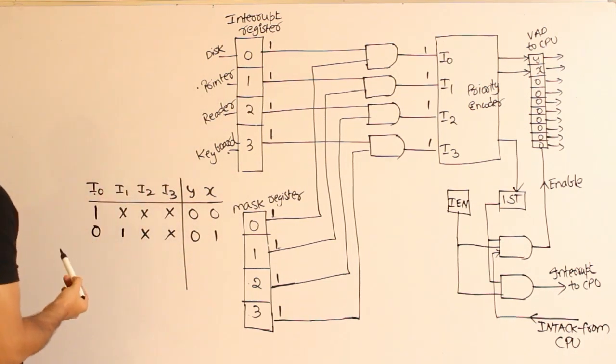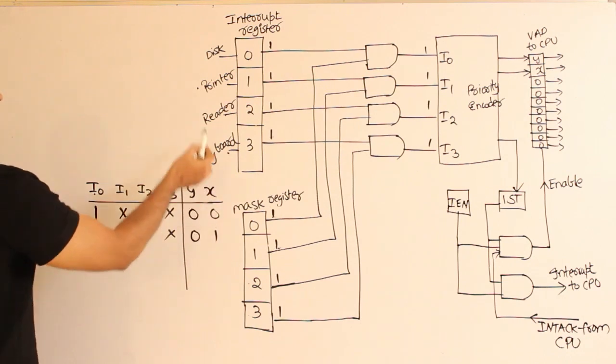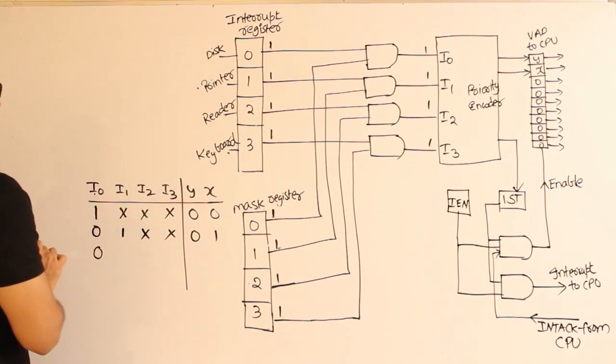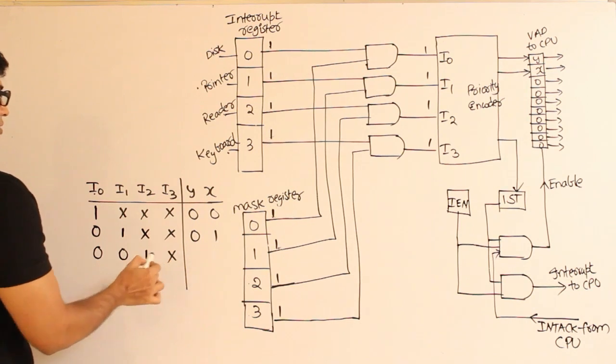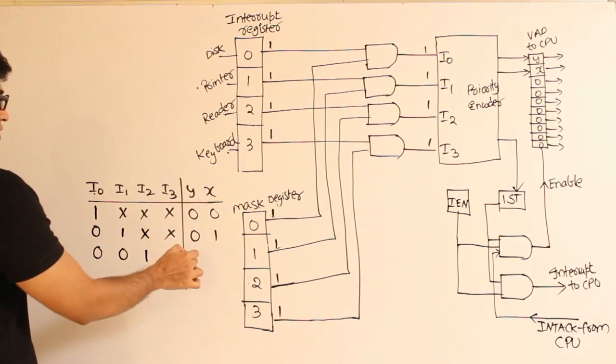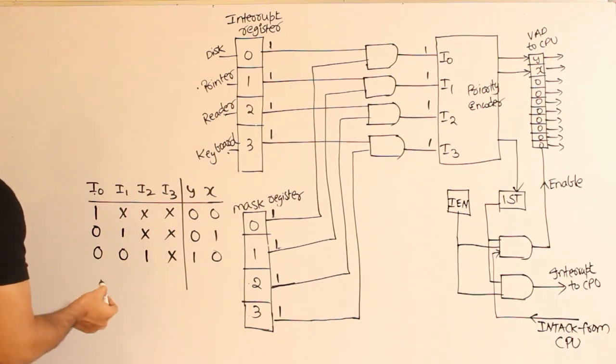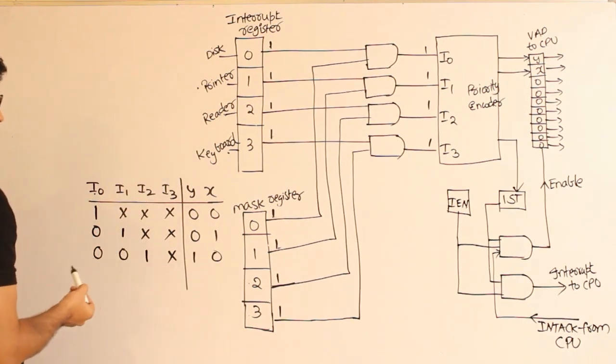In this case, device 1 is nothing but printer, device 0 is disk, right? In case disk doesn't need service, printer doesn't need service, if reader needs service, then irrespective of what keyboard wants, we are always supposed to process the reader, because reader priority is higher.